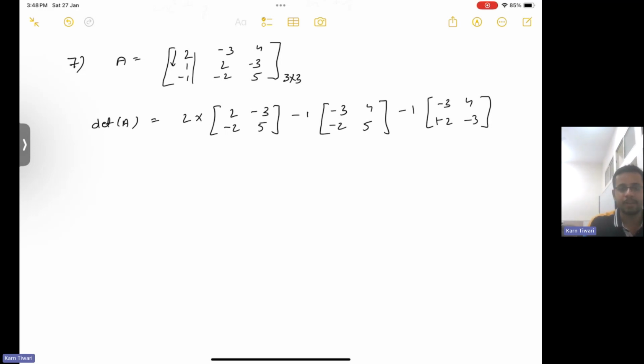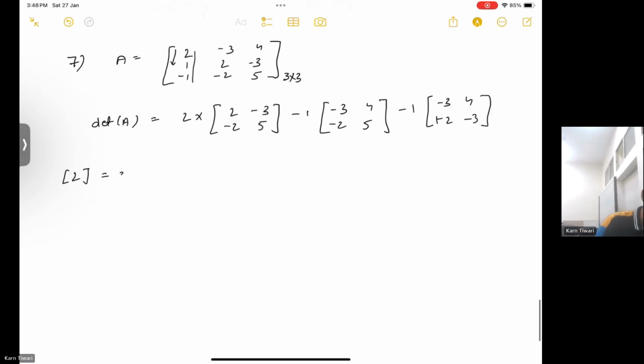So now it has been reduced to calculating 2 cross 2 determinants. You need to know the concept that the determinant of a 1 cross 1 matrix is just the element itself. Now again, you need to expand in a similar manner to what I did, and just calculate the determinant. If you remember, the minus is coming because of (−1) to the power (i + j), where i denotes the row and j denotes the column.